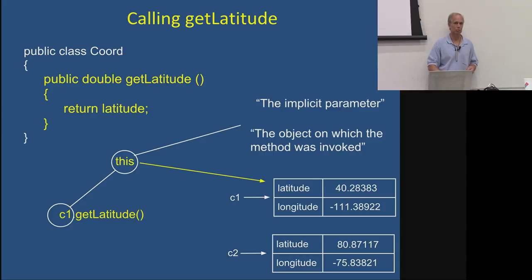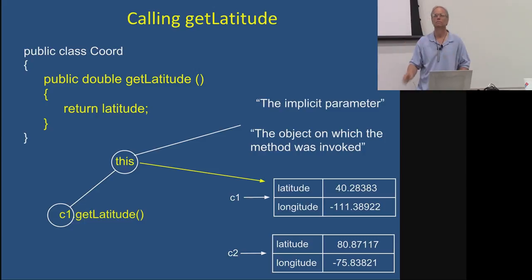But we could just call toString, because that's also an abbreviation for this dot toString. So any instance variable or method that you refer to inside another method, unless you say otherwise, you're implicitly invoking it on the object on which the method was invoked.